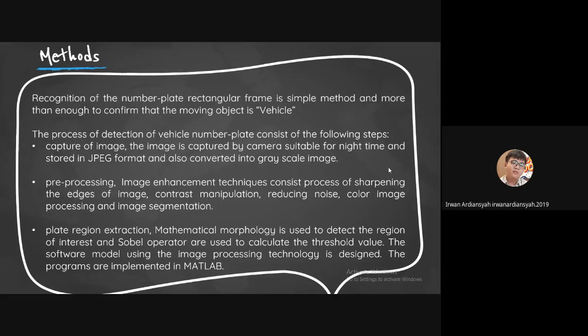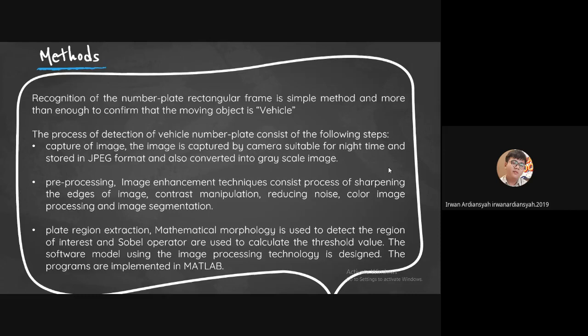The image is captured by a camera suitable for night time and stored in JPEG format and also converted into grayscale image. After that, pre-processing and image enhancement techniques consist of sharpening the edge of the image, contrast manipulation, reducing noise, color image processing, and image segmentation.